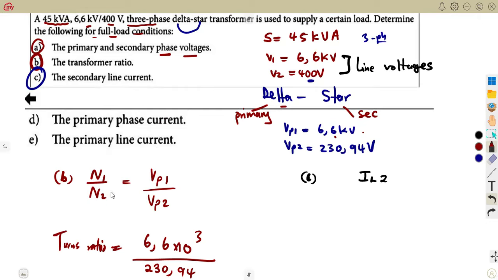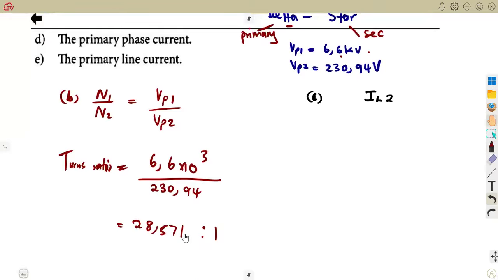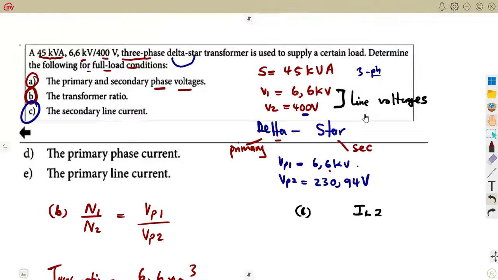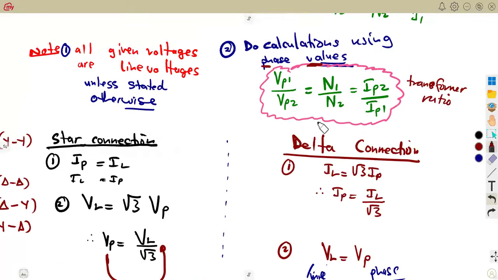So if there was a ratio that can be used, we're going to use these values in phase. We have a turns ratio, which is true, but we check here, we do not have another current, because if this ratio is supposed to be used, it must be a complete ratio. But we do not have that.